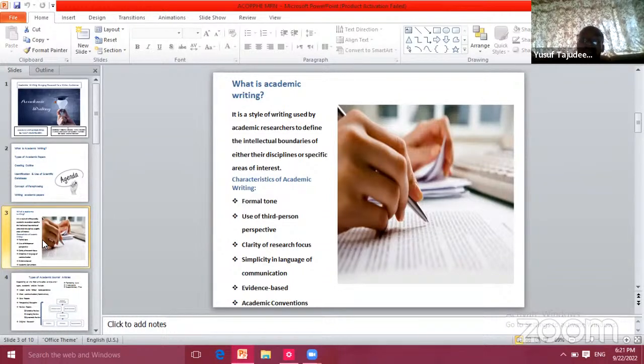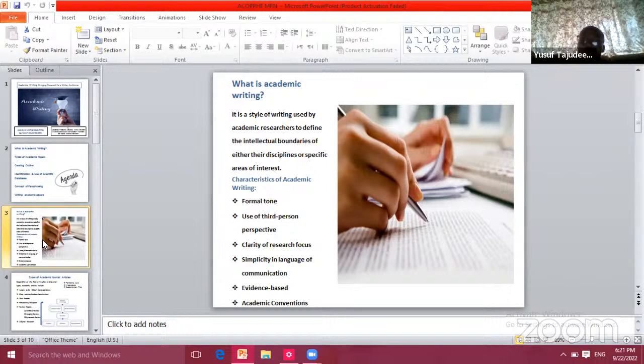In academic writing, that language is not acceptable. So in summary, academic writing is a kind of writing that is used by academic researchers.